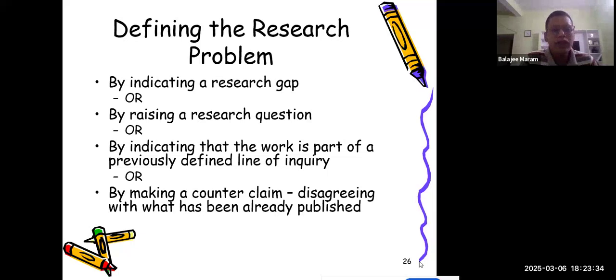Fourth point, by making a counter claim, disagreeing with what has already been published. Sometimes some researchers, knowingly or unknowingly, give some wrong result. In such a scenario, definitely we can claim that the algorithm is wrong because that algorithm gives some wrong results.